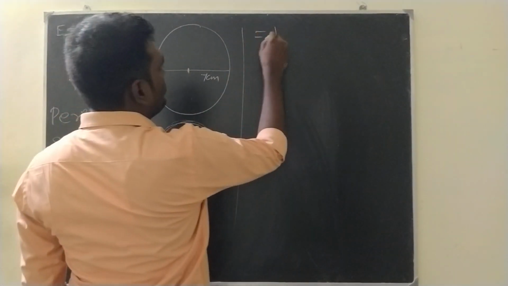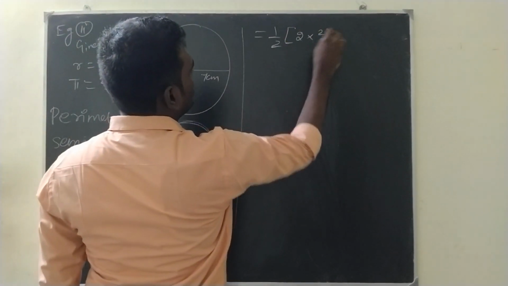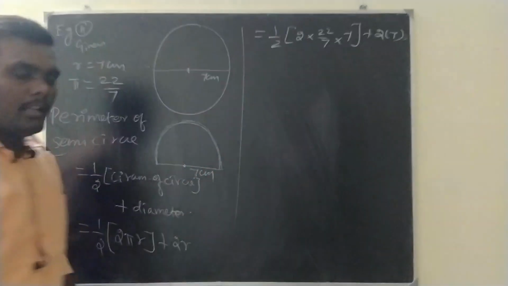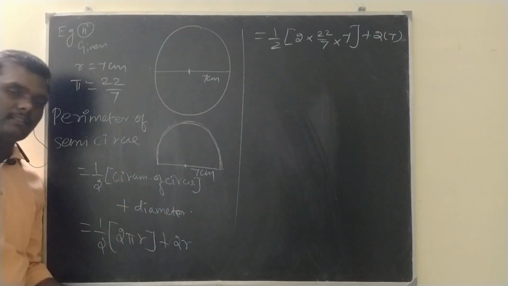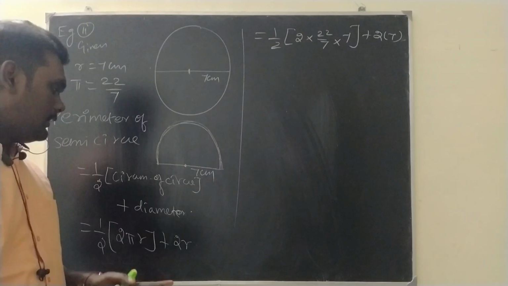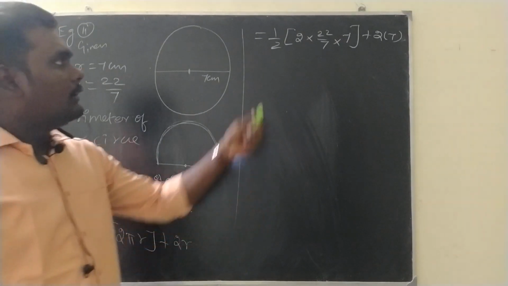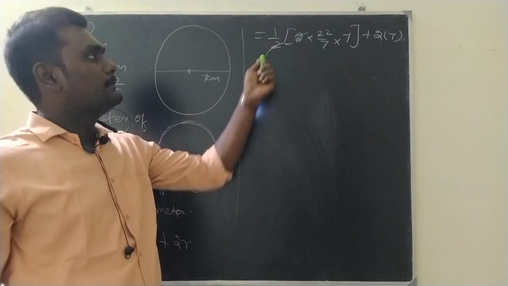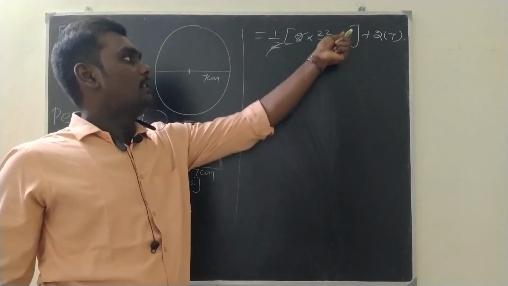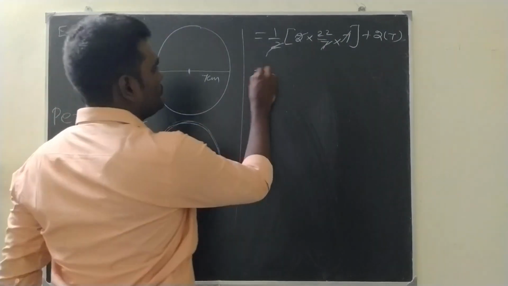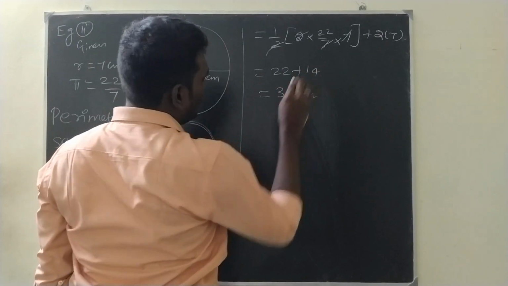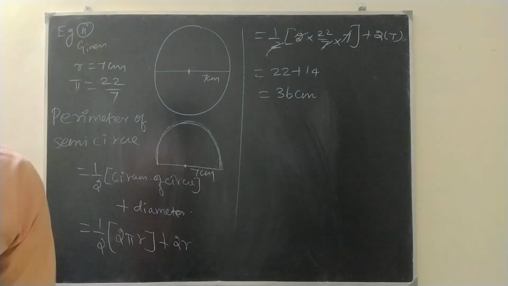Now, half of 2 into 22/7 into r plus 2 times 7. Are you getting it? This 1/2 is only for this half of circumference, not for the other one. Don't get yourself confused. Or else calculate these things separately and add. That is it. Now, these two and these two can be simplified, and any other things can be simplified. 7 and 7 can be simplified. Then we'll have 22 plus 14. It is 36 centimeter, the perimeter of this semicircular disc.